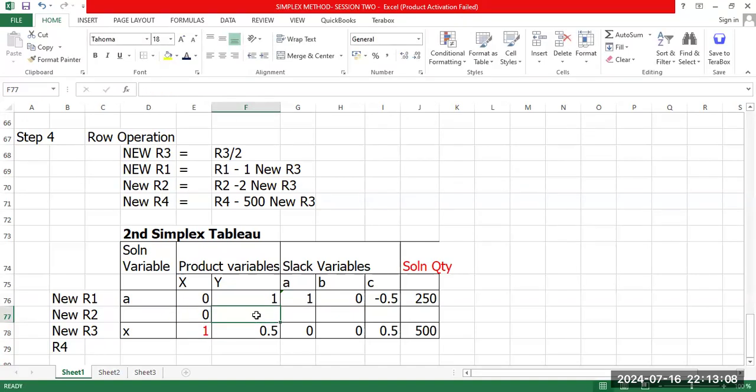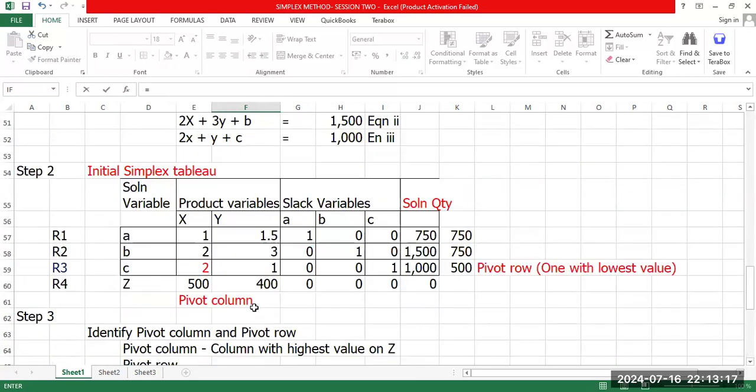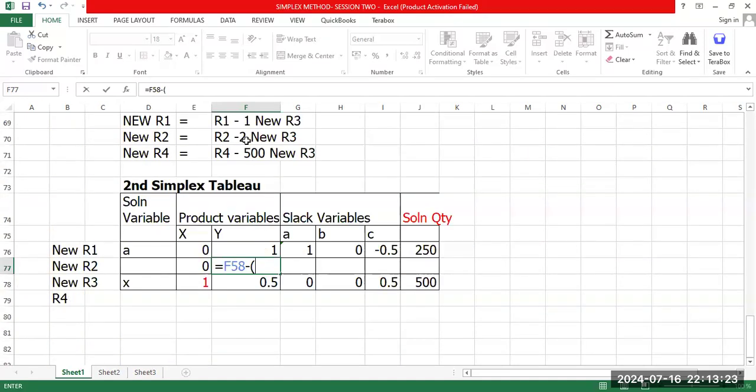Here, for y we have 3 minus open bracket, the formula is saying 2 times new row 3, which is 0.5.